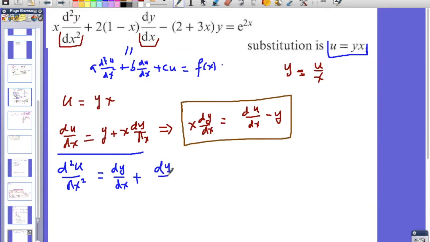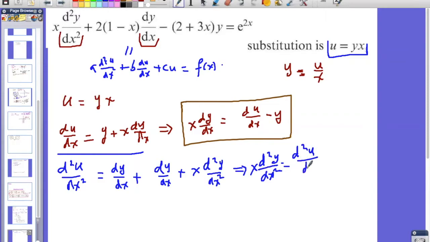So dy dx. And then I leave x, I differentiate dy dx, so I get x d squared y dx squared. This means that x d squared y dx squared is equal to d squared u dx squared minus 2 dy dx.